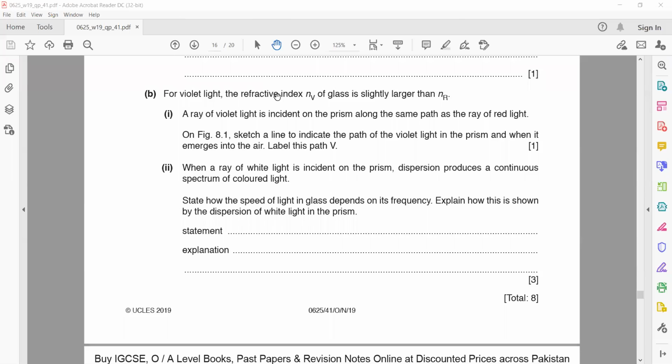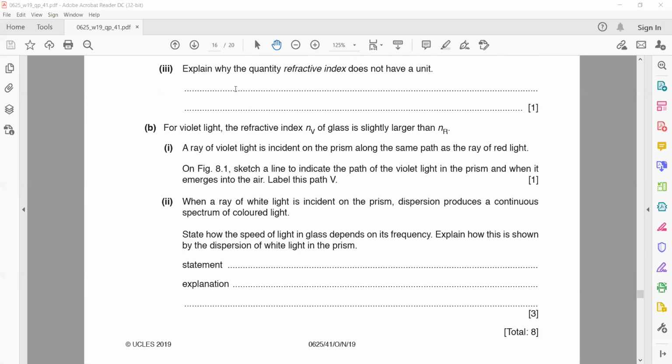For violet light, the refractive index is nV. For glass, it's slightly larger than nR, because the refractive index is a ratio of two identical quantities, that's also right. So on the figure, sketch a line to indicate the path of the violet light in the prism and when it emerges out.